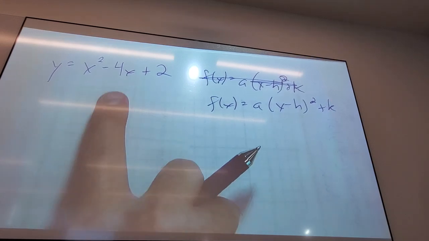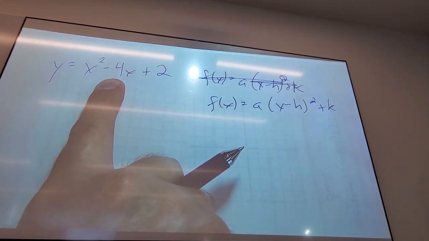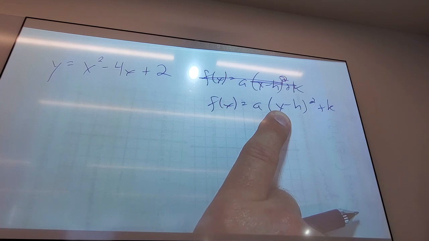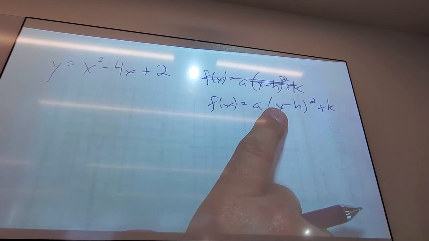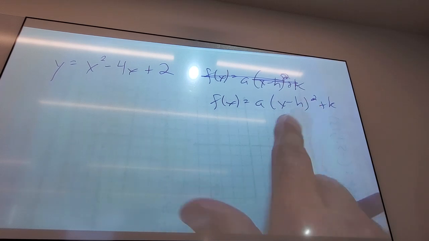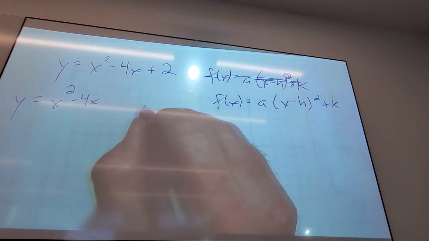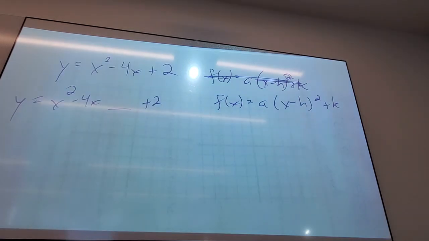Do you guys see what I need to do to put it into that form? This was what we did before we officially knew the quadratic formula. We had to complete the square. So I'm going to make some room. I'm going to move the 2 over. And what are my 2 steps?